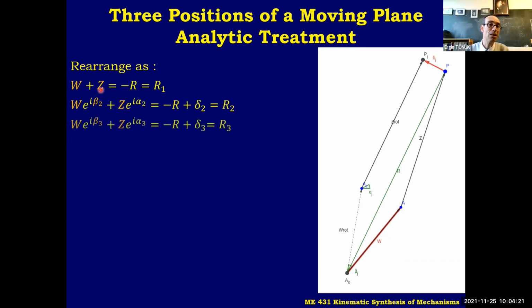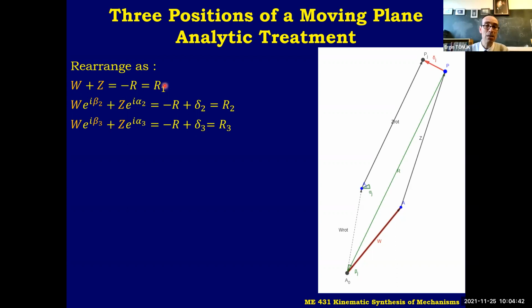Those pink ones are unknowns, yellow ones are known. I rearrange the first equation like this, where I have a negative R on the right-hand side, which I'm going to call R1 arbitrarily.